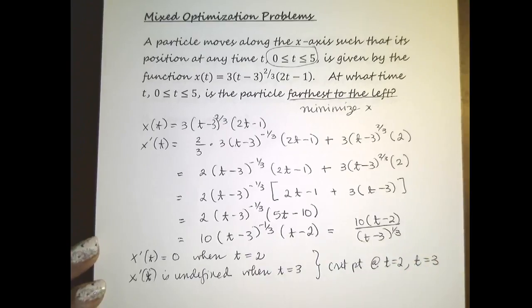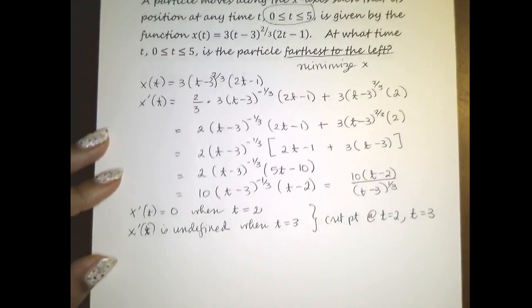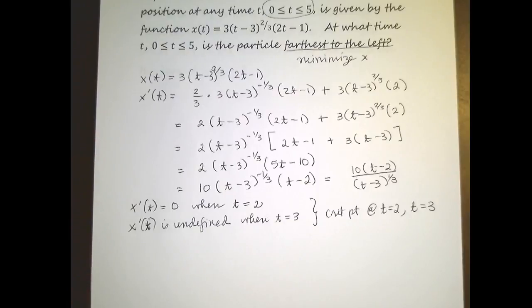So I have 2 critical points to check instead of just 1. Now this is a good time to use the candidates test. We're on a closed interval and we have a couple of critical values to check. So what I'm going to do is check the interior critical points, t equals 2 and t equals 3.